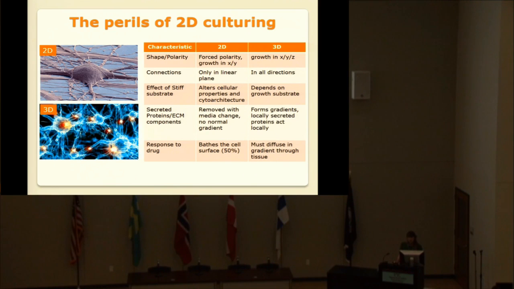In addition, when you're talking about how cells respond to a drug, when you're bathing 50% of the cell surface in the drug in the media, we know that the cells don't respond the same way as they would in a complex environment with dense extracellular matrix and cell processes. That's been very well established in the cancer field.